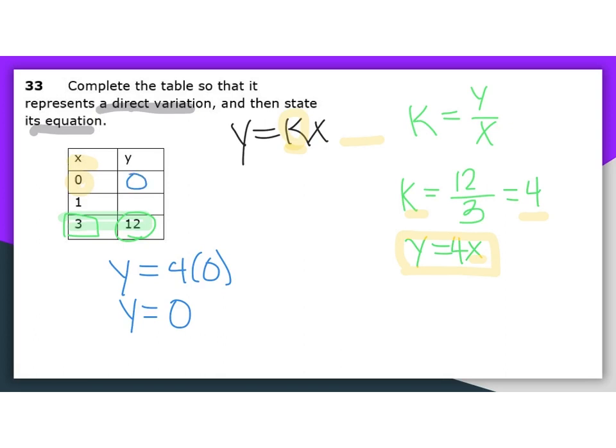So this y value is 0, and then we have y equals 4 times our next x value, which is 1, and 4 times 1 is 4. So our next y value is 4. Notice in the table that it's going through 0, 0, which is the origin. All direct variations go through the origin, which is why there's no y-intercept listed.